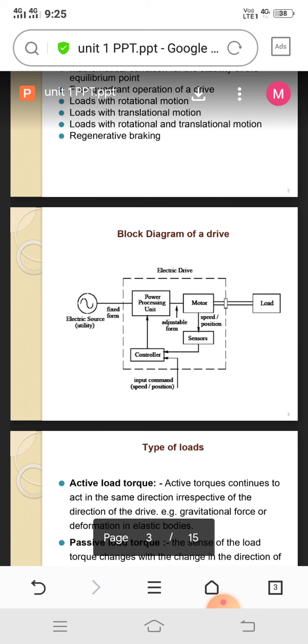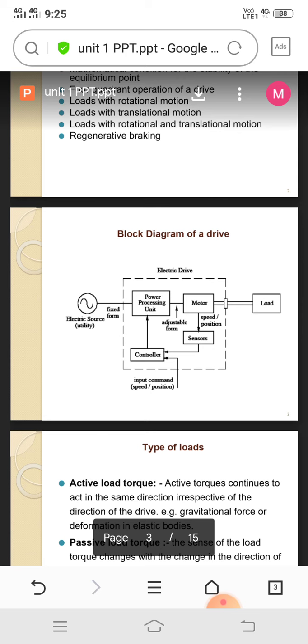If the sensor input is under or over the expected output of the load, both conditions are wrong, so we must meet the equal output of the load. We can manage that equal output of the motor by using this reference input. The controller compares the sensor output and the reference input, and gives a proper input to the power processing unit.